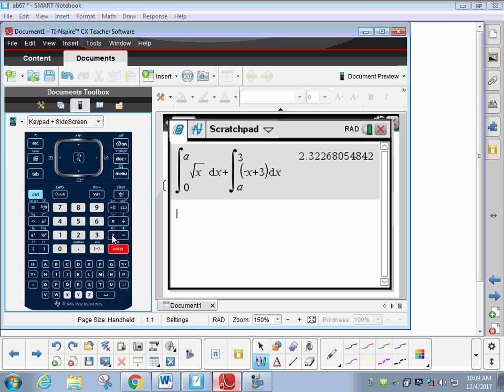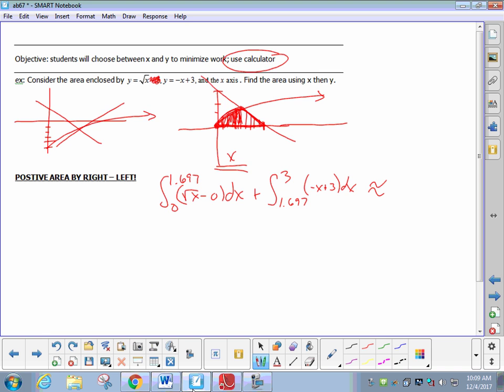Did you get 2.3226? I could do a rectangle around that and enclose it to see if that's a reasonable estimate, but it feels pretty good.